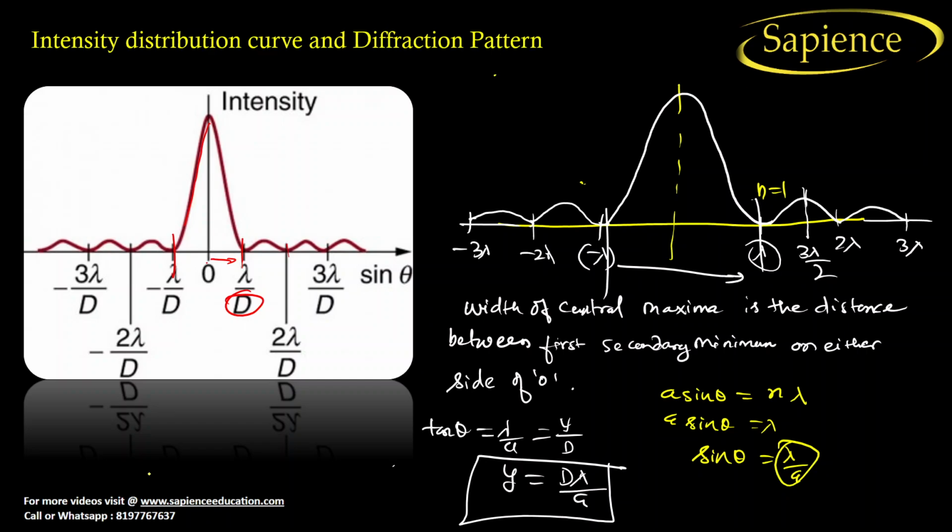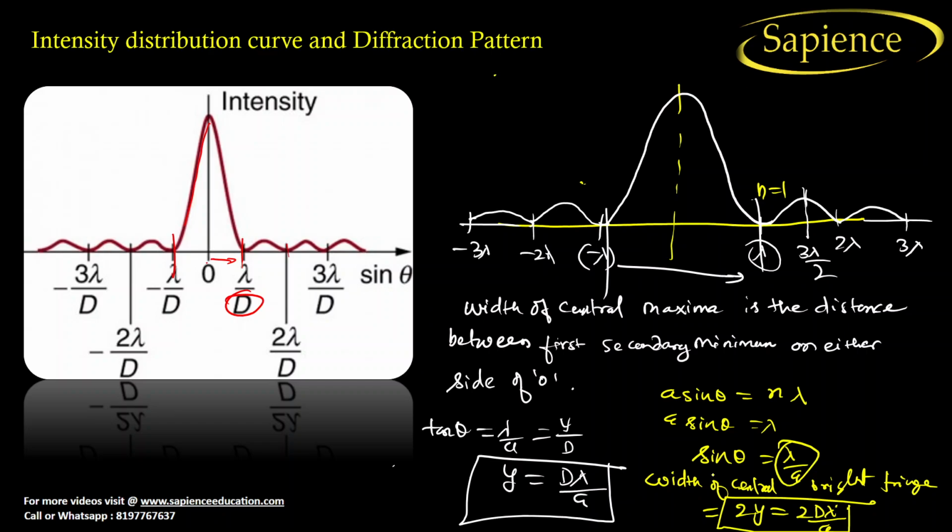So the width of the central bright fringe will be 2y, that is equal to 2D lambda by a.